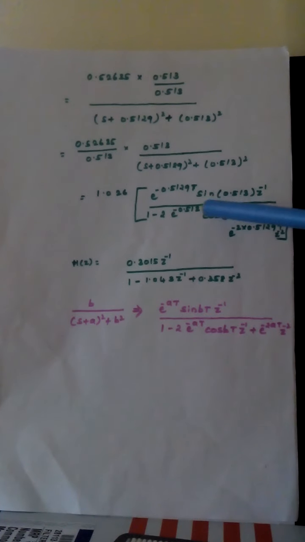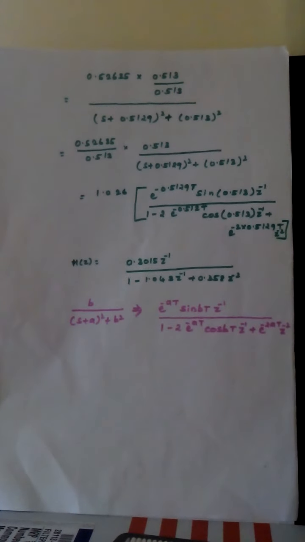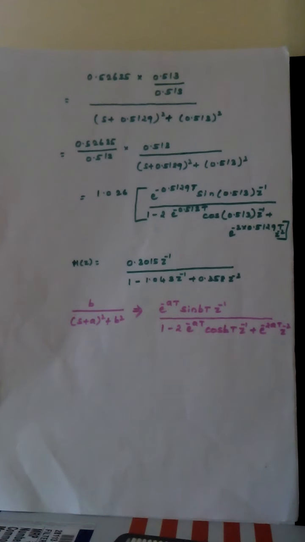In this case we substitute T value as 1 second. Then if you simplify, we get this as your transfer function, this is your H of z. This is the way we can design digital IIR filters.